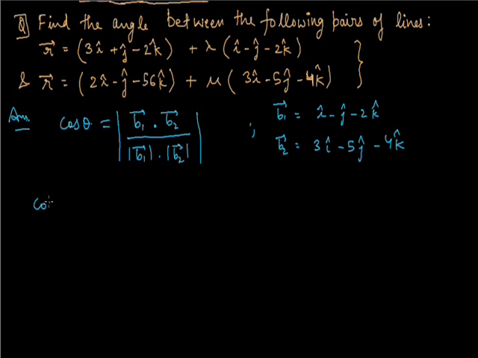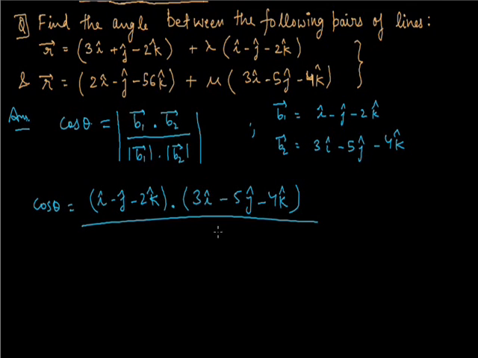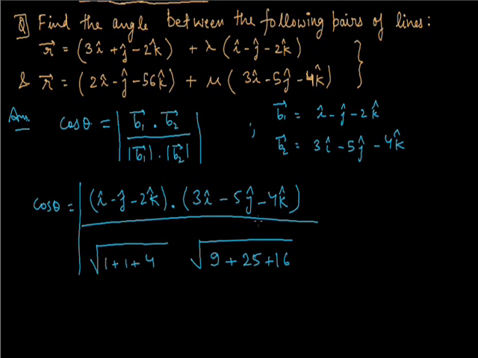So cos theta will be equal to i cap minus j cap minus 2k cap dot 3i cap minus 5j cap minus 4k cap, whole divided by mod of the first vector, which is under root 1 square plus 1 square plus 2 square, that is 4, and under root 3 square, that is 9, plus 5 square, that is 25, plus 4 square, which is 16, for mod of the second.